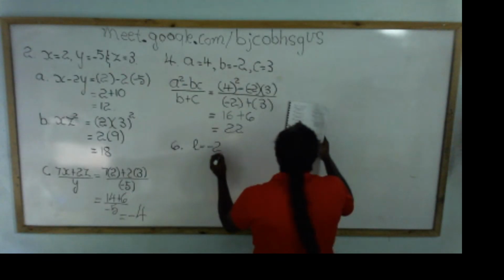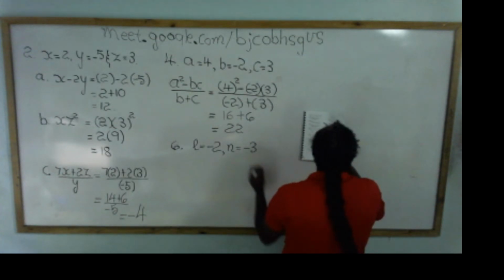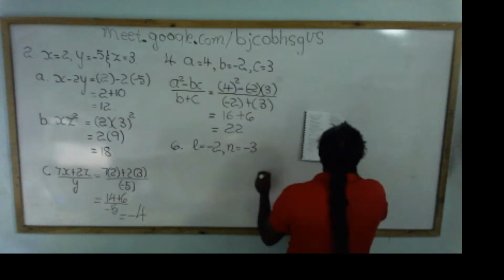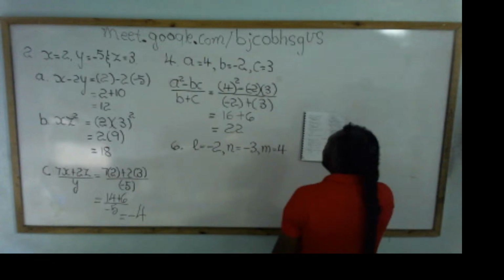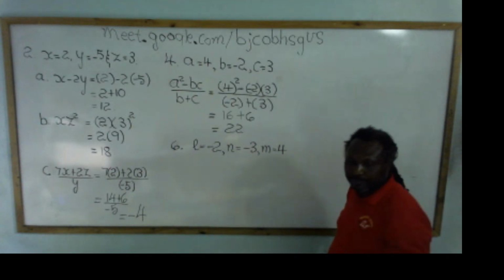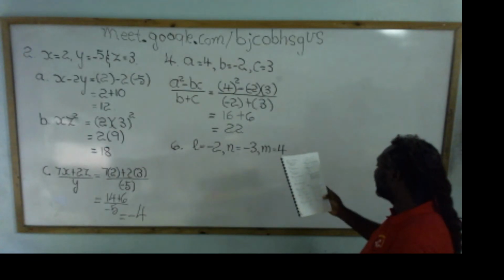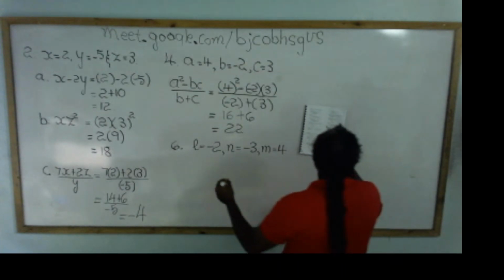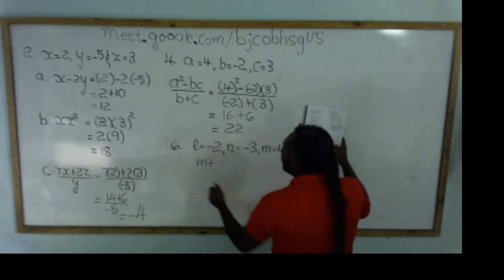L is negative 2. N is equal to negative 3. And M is equal to 4. So what do we say now?